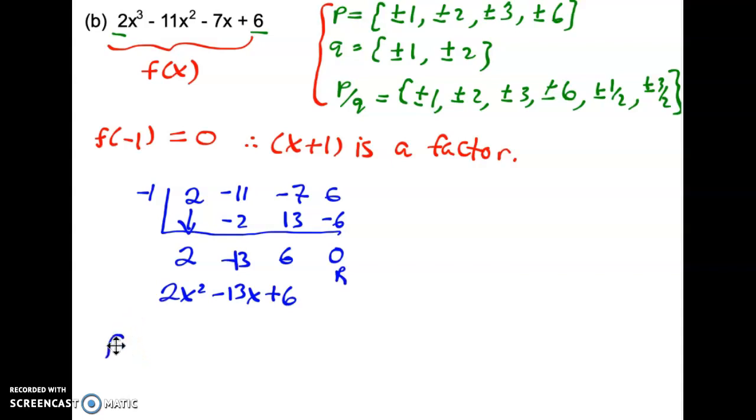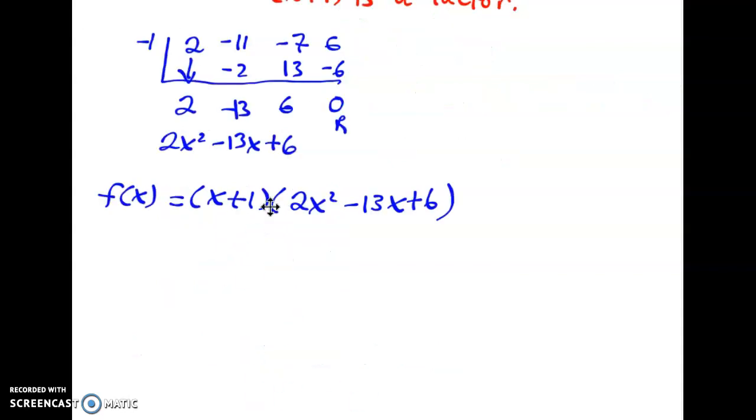So we're going to rewrite our f of x as the divisor times the quotient. And then, last but not least, we still have this quadratic, which we need to factor.